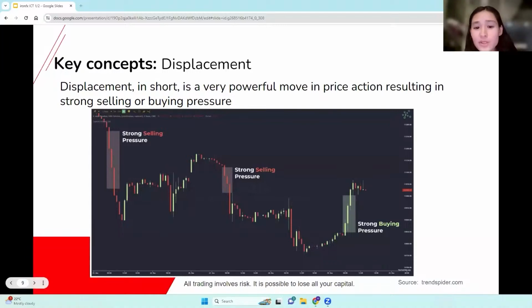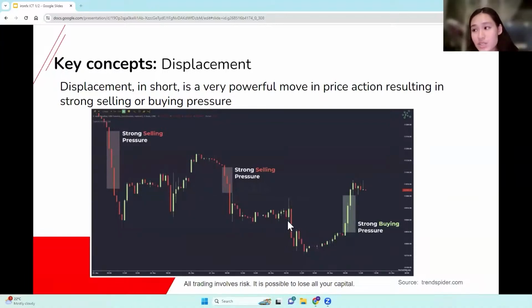A displacement will normally occur just after a liquidity level has been breached and will often result in the creation of both a fair value gap and a market structure shift. We'll get into what those mean in a little bit. But what it means when we say a displacement occurs after a liquidity level has been breached is, if you look at this area here, this is a multiple swing low support level.